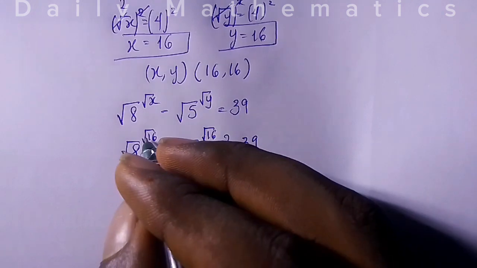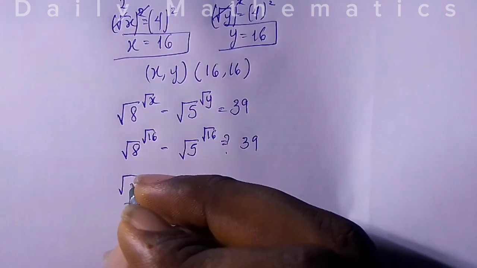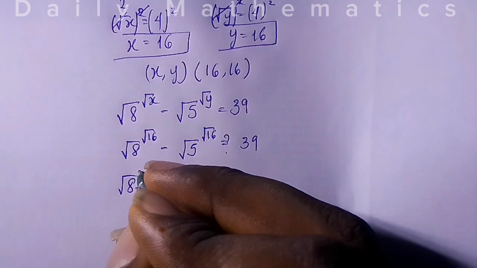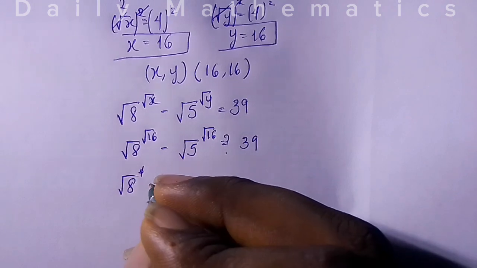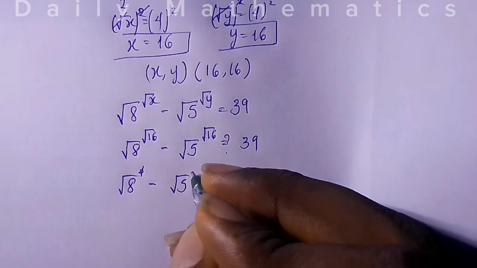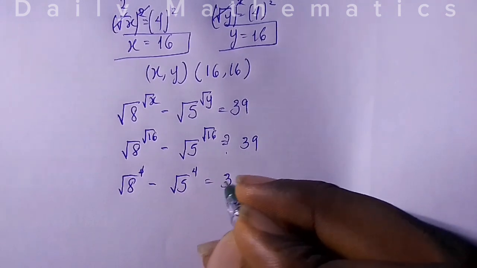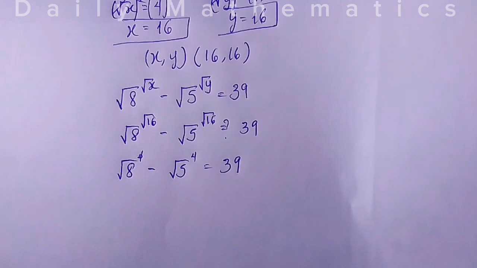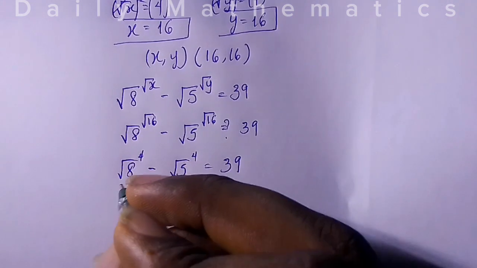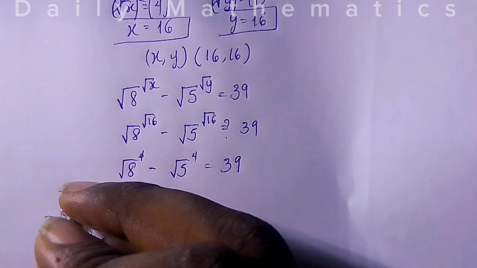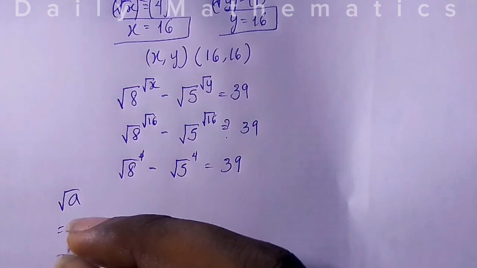So root 16 is 4, that's root 8 raised to the power of 4 minus root 5 raised to the power of 4 equals 39, right? Remember, root a equals a raised to the power of 1 over 2.